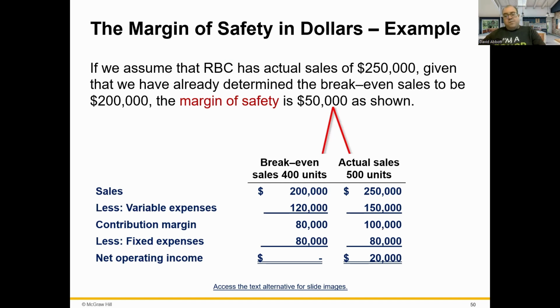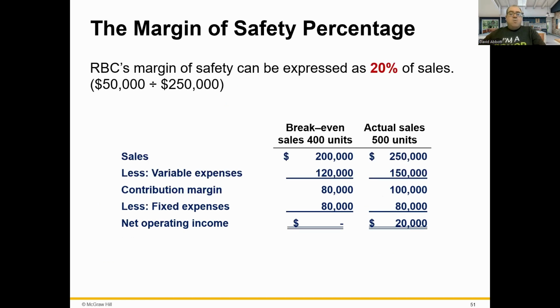So 250,000 is 50,000 over what our break-even point was. We can also calculate that in terms of a percentage. And so we see that in this example, the margin of safety is 20% of sales. So 50,000 divided by 250,000 is 20%.